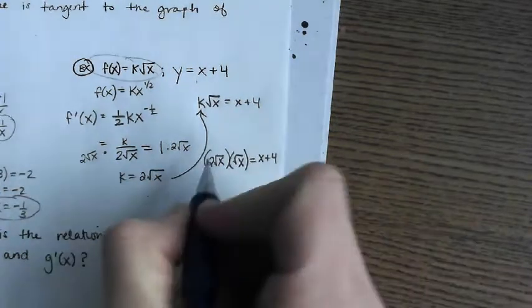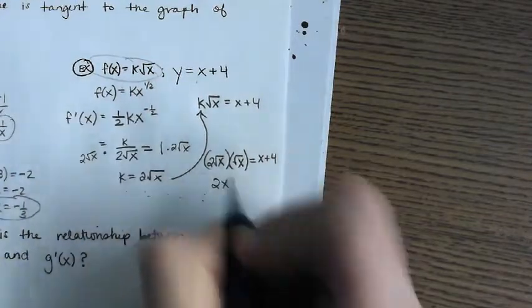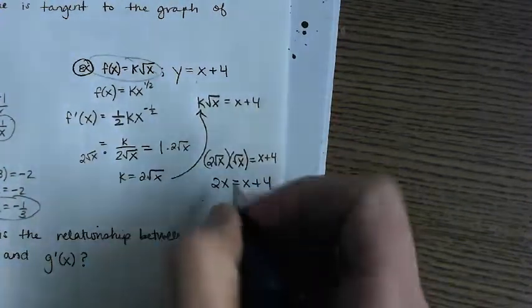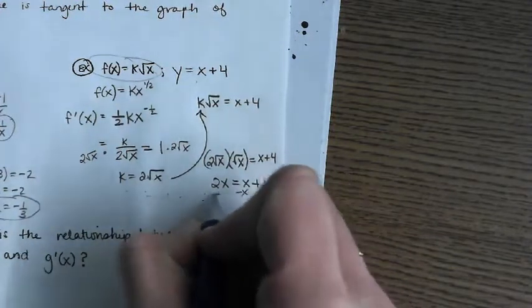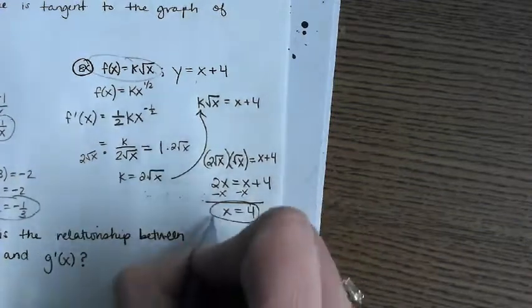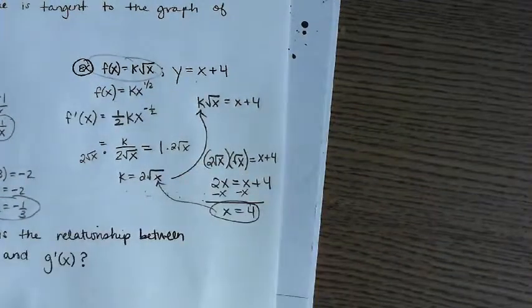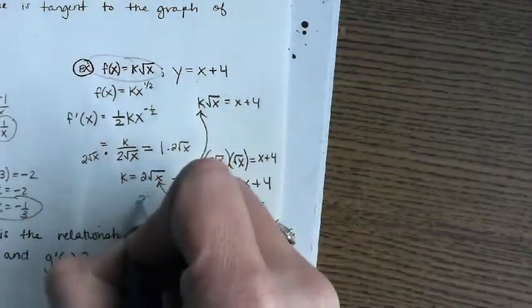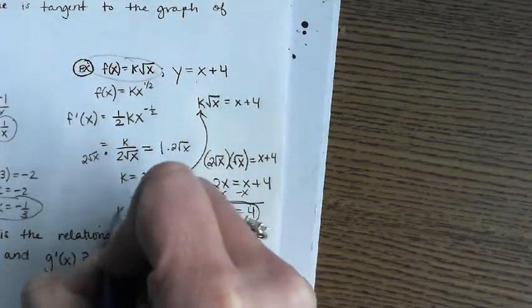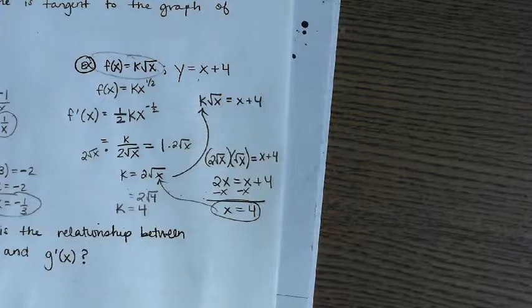So 2 root x times root x is just 2x equals x plus 4. Subtract x from both sides. X equals 4. Once you know that x equals 4, we can go back and find k. So 2 root 4, 2 times 2 is 4. So k equals 4.